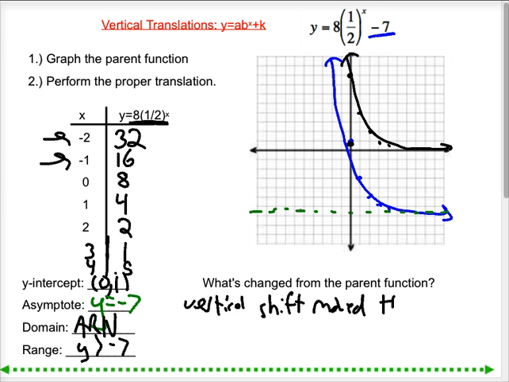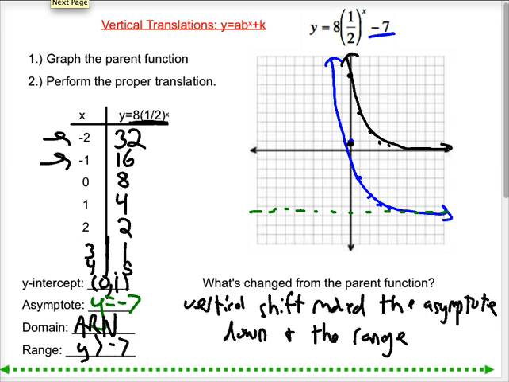It moves the asymptote, and therefore it moves the range. So those are the things I want you to pick up from vertical translations: when you're shifting it up and down, you are actually shifting the range and the horizontal asymptote as well.